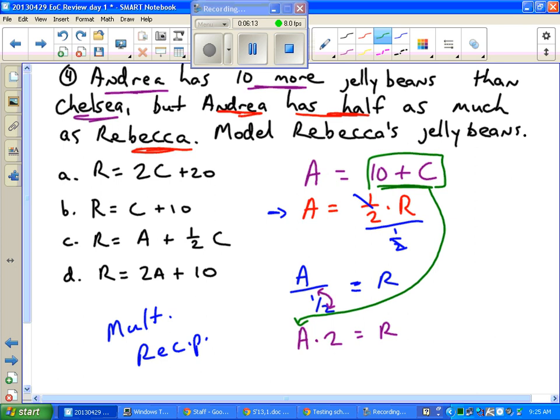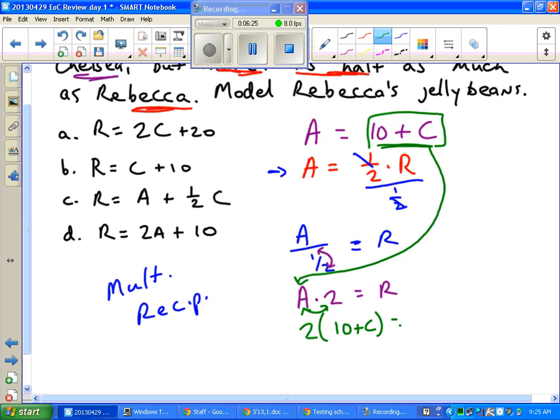Now we have 2 times 10 plus c, because that's A. All I did was change the order of 2 and A to put the reciprocal first. So 2 times 10 plus c equals R. Then we can clearly see we distribute 2 to both of them. 2 times 10 is 20, and 2 times c is plus 2c, equals R.